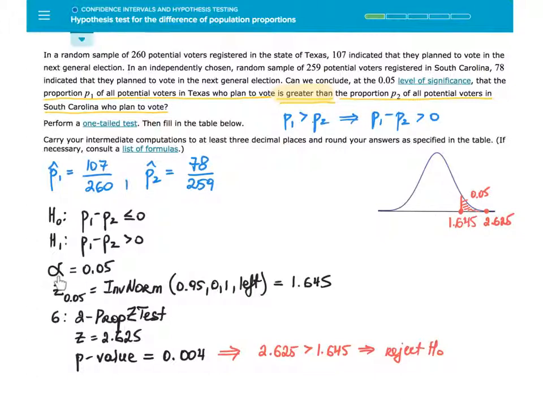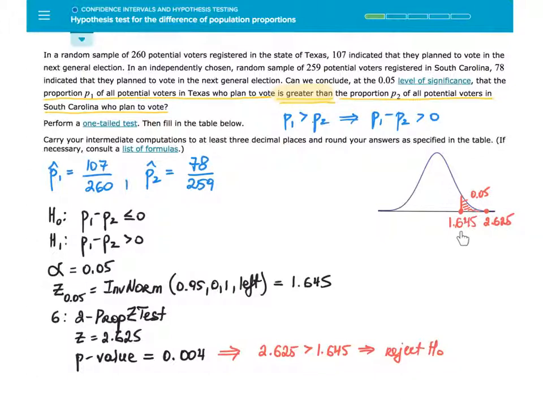Why 5%? Because alpha is 0.05. And why in the right tail? Because that is a right tail test according to this alternative hypothesis inequality symbol. So I use the inverse norm to find z sub 0.05, which is 1.645. So this location on the z-axis is 1.645.